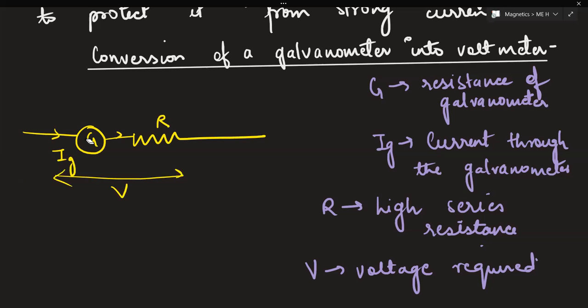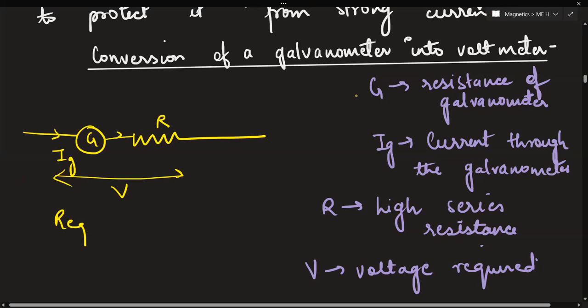So G is the resistance of galvanometer, and R is the resistance of this resistor which is connected in series. So all of you quickly reply in the chat box what should be the value of R equivalent. Series, parallel combination, everything we have done. What will be R equivalent over here?